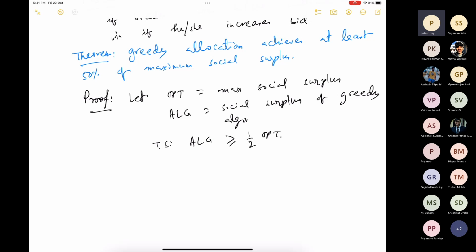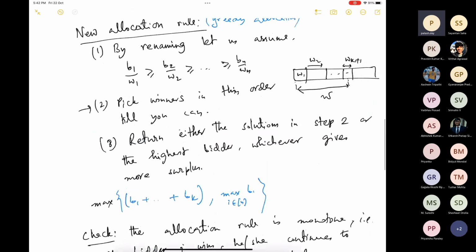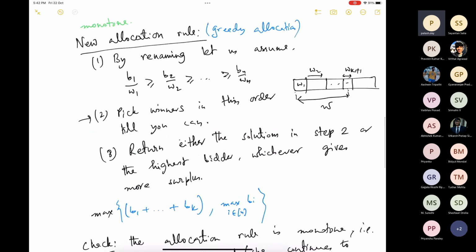Okay, so here is the thing. What is opt? You see, because we have sorted the bids in decreasing order of bi by wi, opt is at most the summation b1 to bk plus 1.